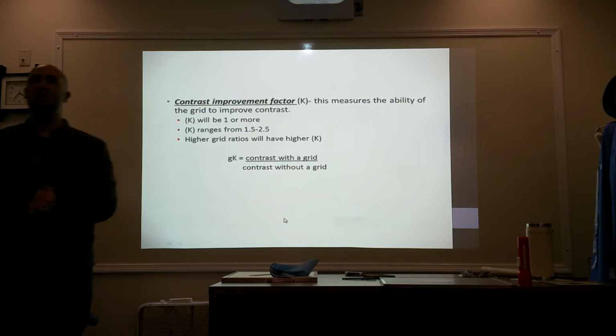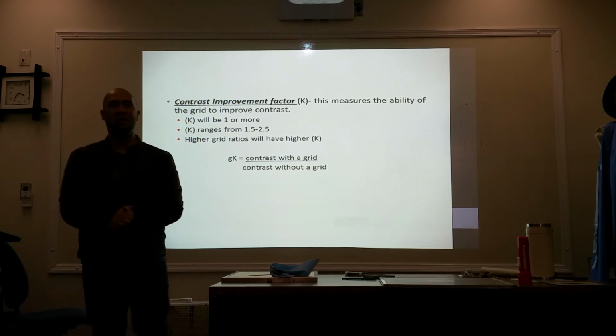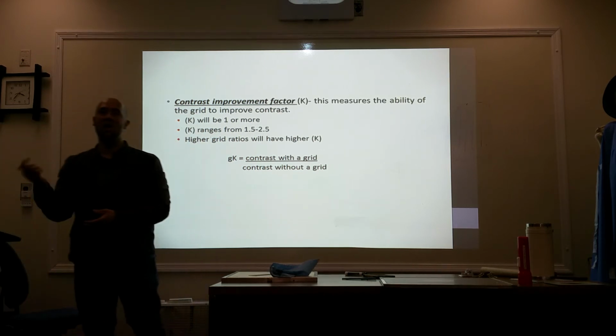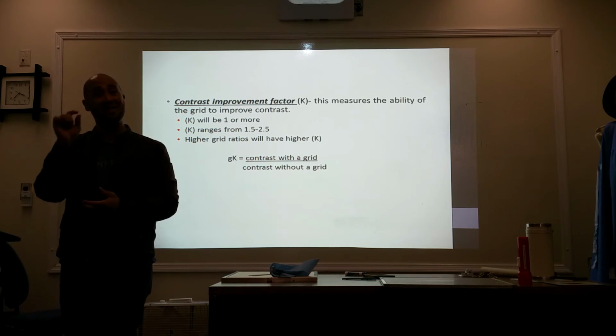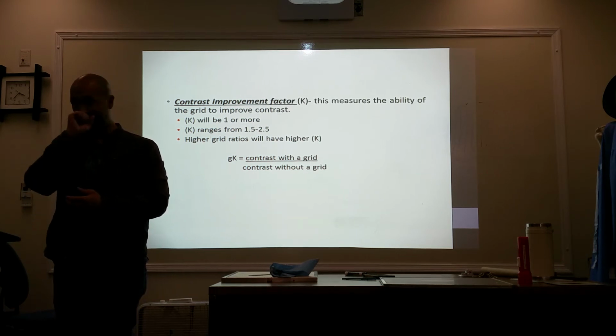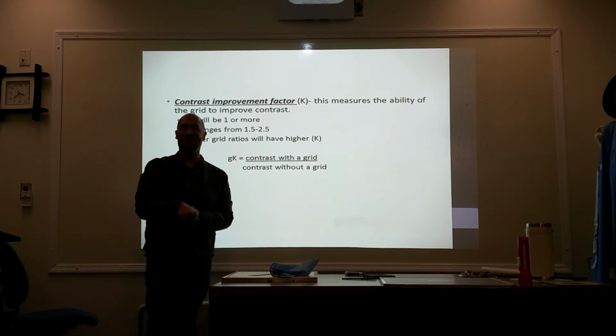Number 2 is the contrast improvement factor. Which is going to give you better contrast, a lower grid ratio or a higher grid ratio? Higher grid ratio, because it's cleaning out more scatter radiation, which causes fog, which decreases contrast.